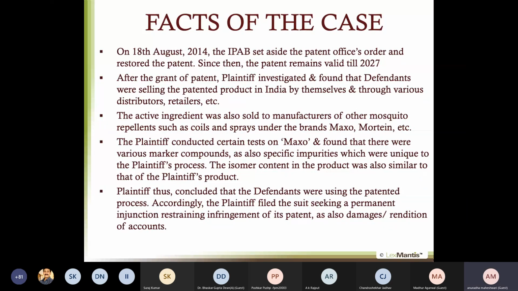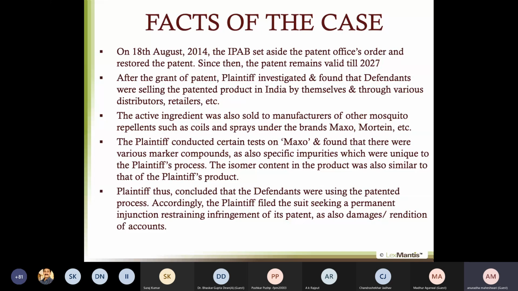The patent office heard the post-grant opposition and revoked Shogun's patent. Shogun then applied to the Intellectual Property Appellate Board, and the Appellate Board heard the case and restored the patent, saying no, the patent was not prior art, it was a purely novel process, and the patent has to be restored.